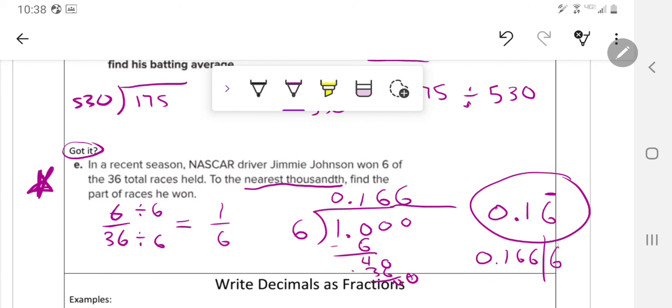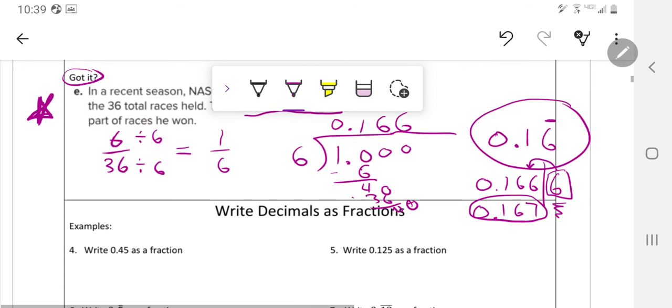Now this digit here tells this digit, if the following digit is 5 or more, then our thousandths place is going to round up. So our actual answer is going to be 0.167. There you go. 0.167 is the part of the races he won.